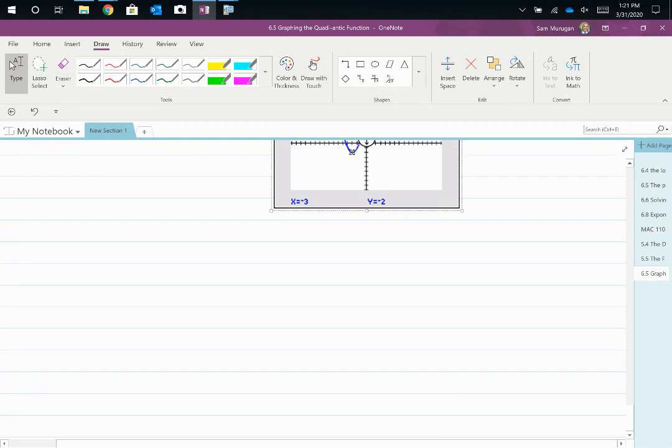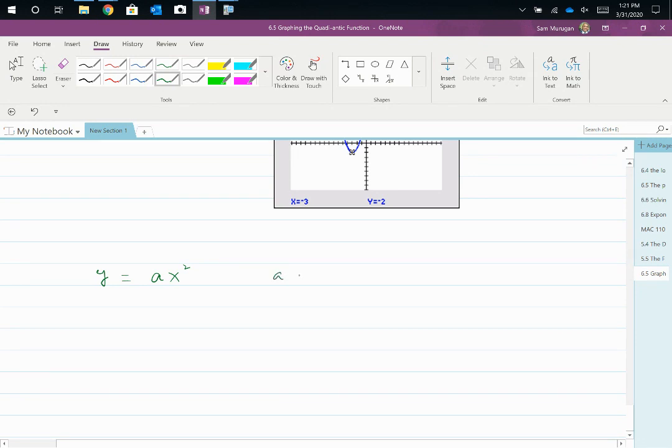Now, we want to talk about just a couple other things really quickly. If I were to add a, y is equal to ax squared, where a is a constant.